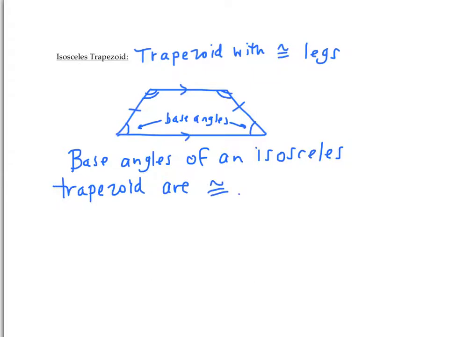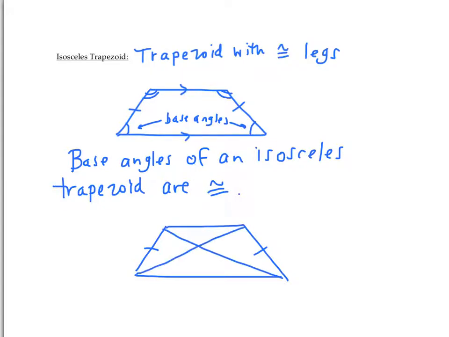Okay, in addition to the base angles of an isosceles trapezoid being congruent, if we drew in the two diagonals of an isosceles trapezoid, they would be congruent as well. So let's call this trapezoid A, B, C, D. And since the legs are marked congruent, then we can say for sure that AC would be congruent to BD.